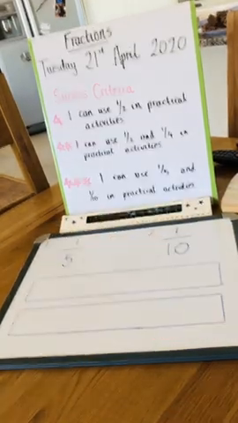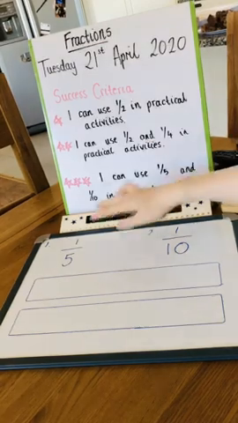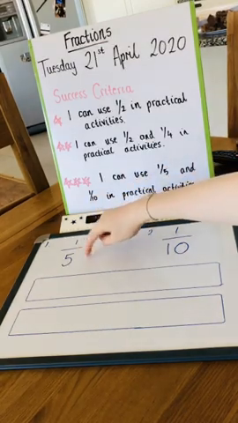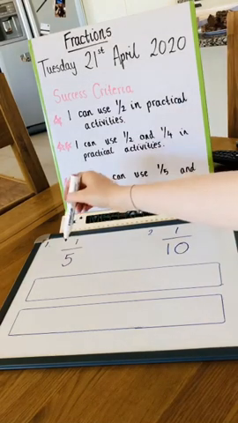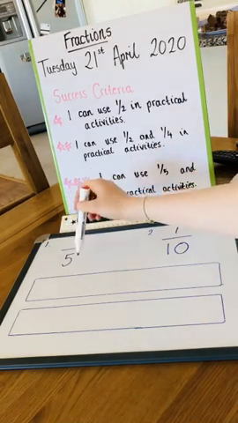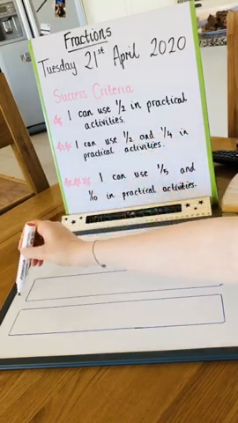Okay, now that we have found a half and a quarter, we're going to have a go at fifths and tenths. Now, we already know that if we need to split up something that we have and we want to put it into a fraction, we look at the bottom number first to see how many sections it needs to get split up into. So, looking at the bottom number here, we have 1/5. The bottom number is 5, so we need to split it into 5 parts.